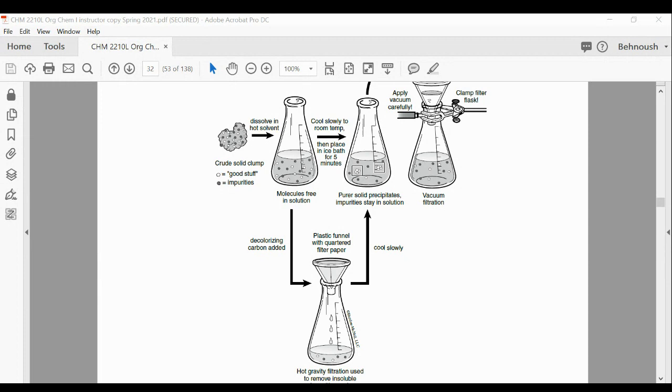Okay, so for a proper solvent, what's the characteristic toward impurities? How would the impurity behave when you heat up the solvent or cool down the solution again? The impurities would separate from the solute at high temperatures.